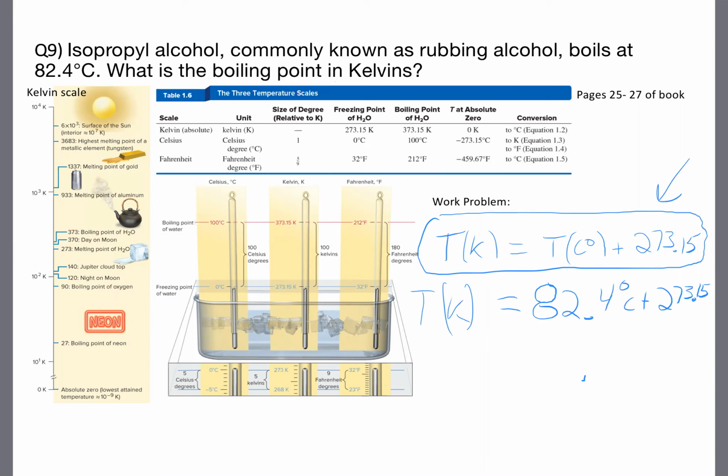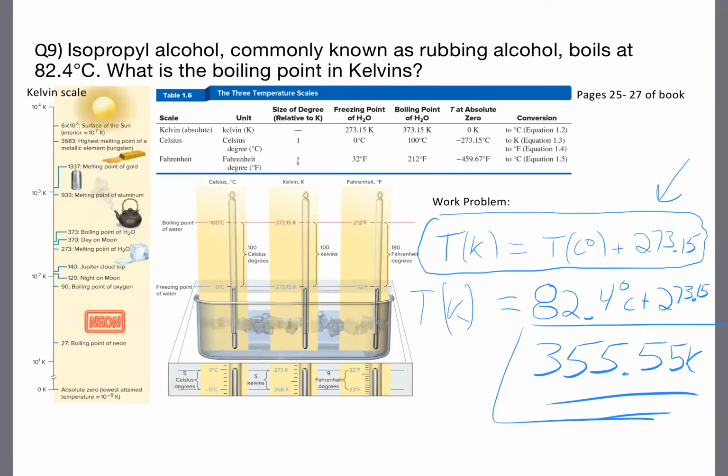And what I'm showing here on my calculator is 355.55 degrees Kelvin. And I should erase this to avoid any confusion. That should be our boiling temperature for isopropyl alcohol in Kelvin units.